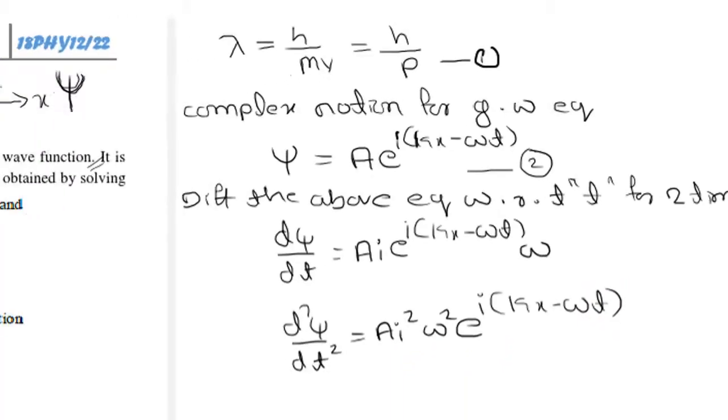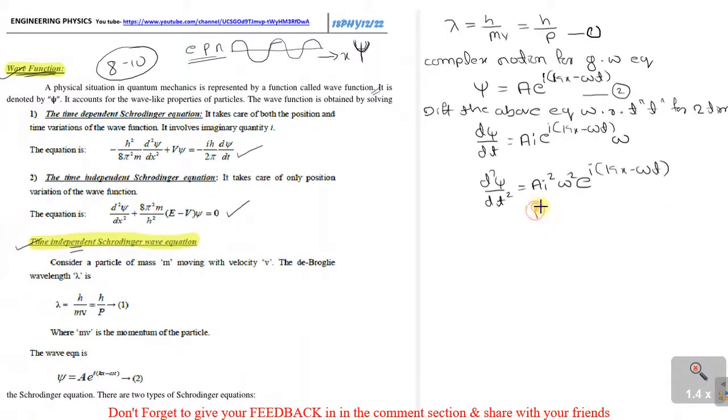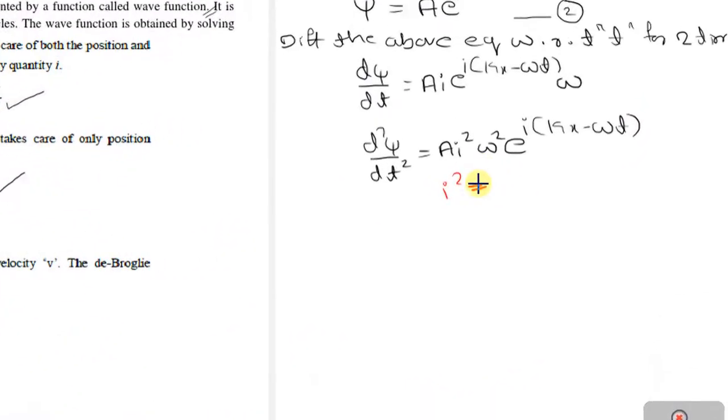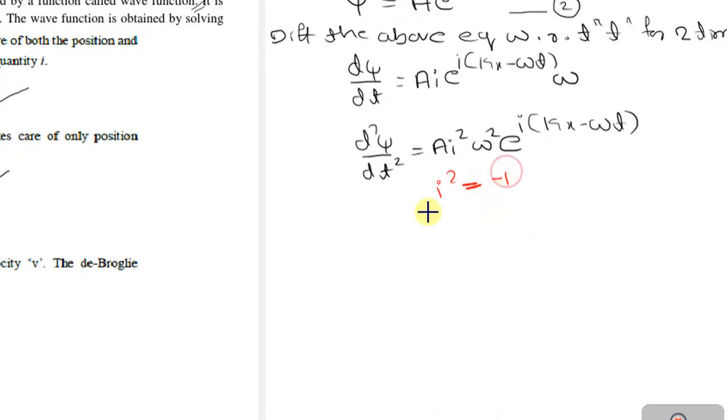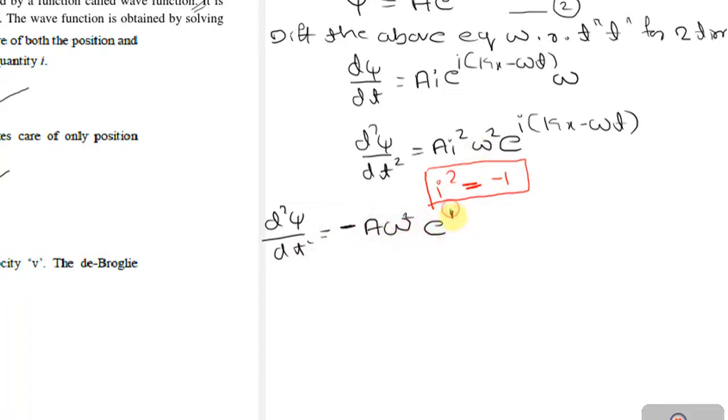As we know, i square equals minus 1, substitute here and we get d square psi by dt square equals minus A omega square e raised to i (kx minus omega t).